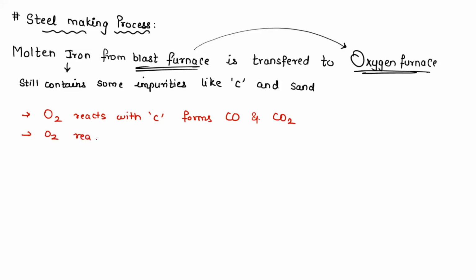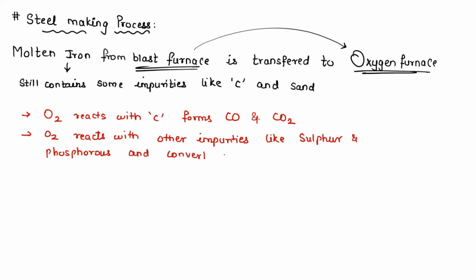Also, O2 reacts with other impurities like sulfur and phosphorus, and converts them into respective oxides like SO2 and P2O5. So sulfur impurities get converted to sulfur dioxide and P2O5.